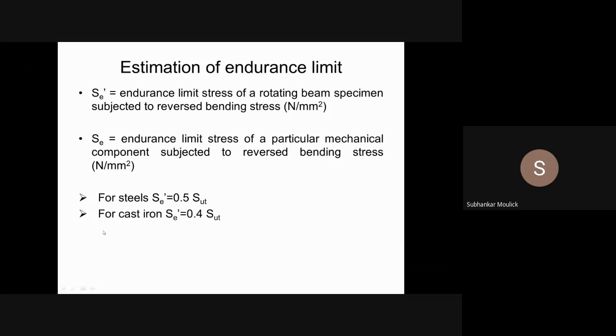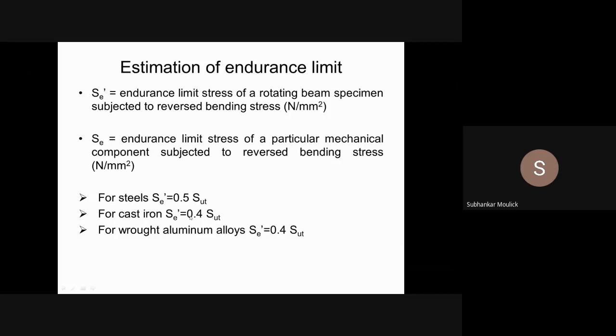If the material is cast iron, say of a gear, then SE dash will be given by 0.4 times SUT.